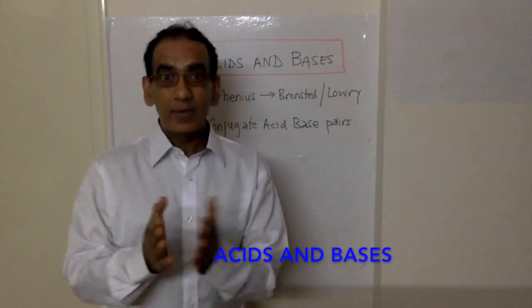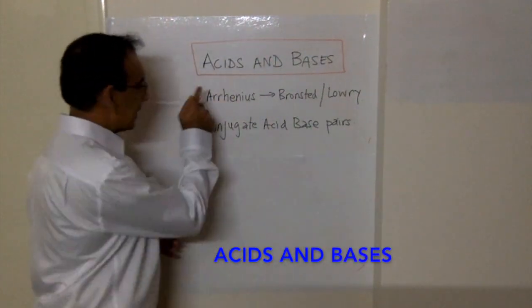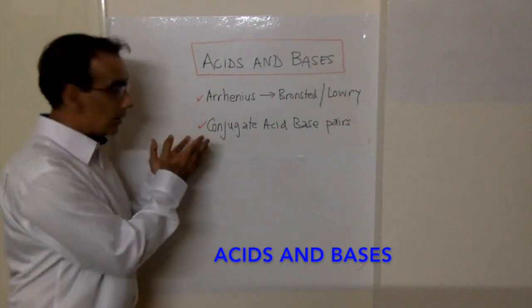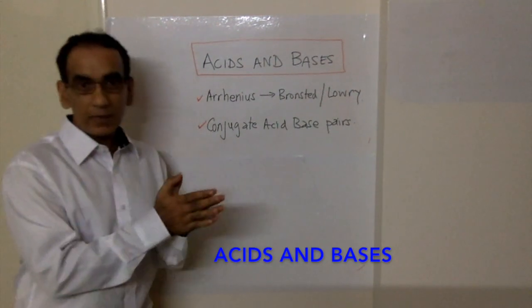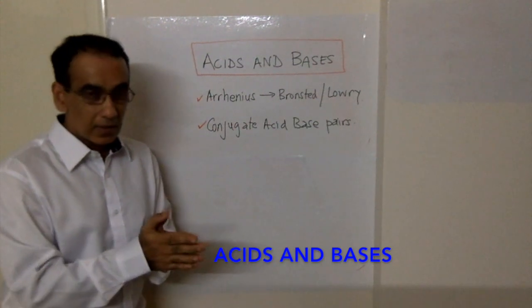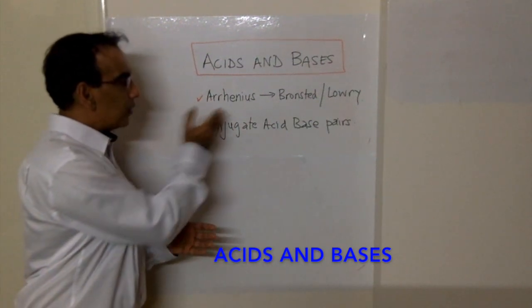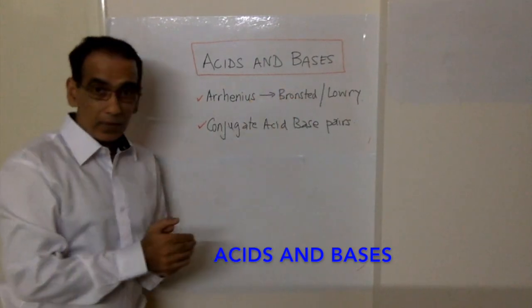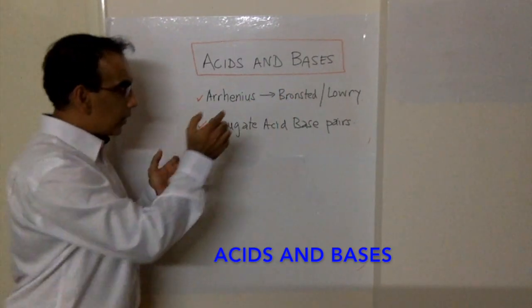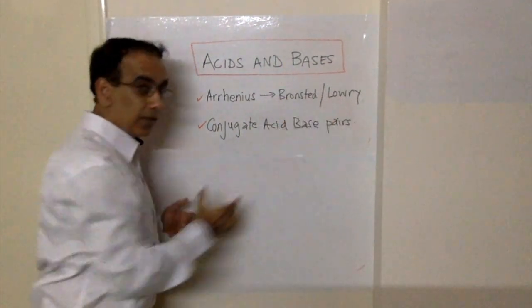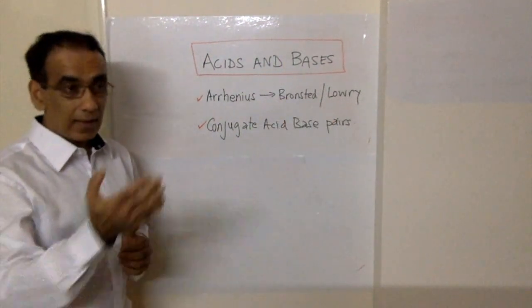Welcome again. Today we look at the topic of acids and bases, taking a look first at the work of Arrhenius in an original definition of acids and bases, and then considering how that definition gave way to the Bronsted-Lowry theory of acids and bases, as we look specifically at what constitutes the Bronsted-Lowry definition of an acid and a base.